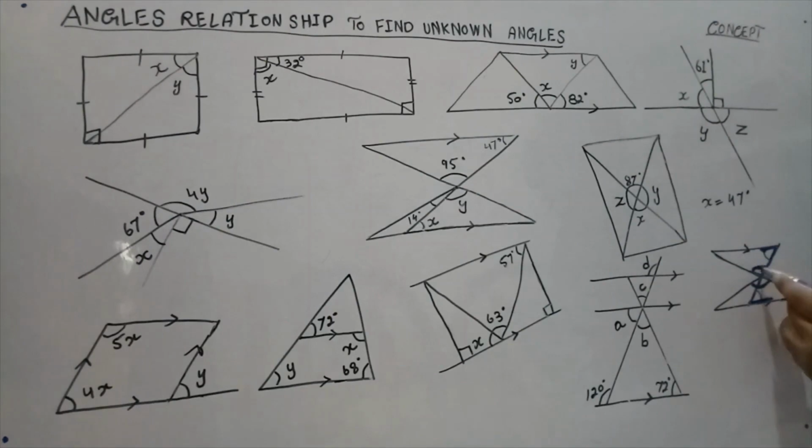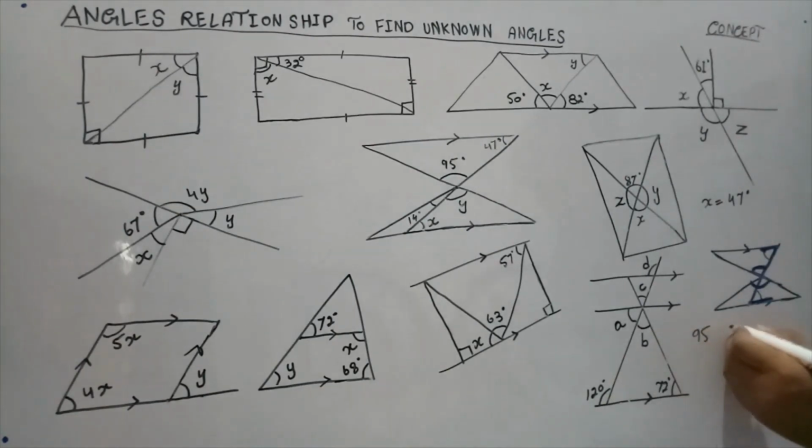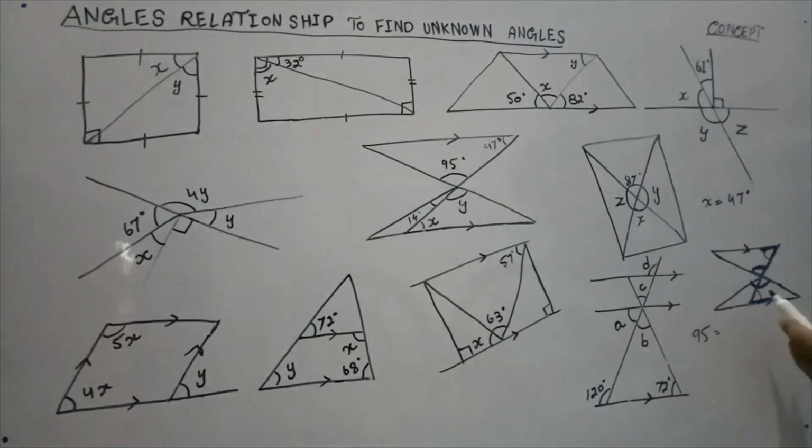This angle will be equal to this whole angle. It means that this angle is given to us, which is 95 degrees, so it will be equal to this whole angle, and this angle consists of first this angle, only this angle, and the second one this angle. So this value is given to us, which is 14 degrees.